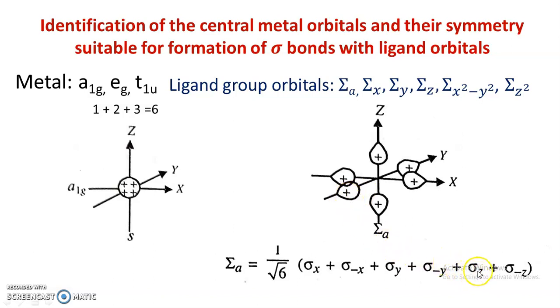Then plus sigma z for this lobe, oriented along the positive end of this z-axis. So this plus sign is for positive lobe. Sigma z is oriented along the positive end of the z-axis, plus sigma negative z, again plus for positive lobe oriented along the negative end of the z-axis. So plus sigma negative z.